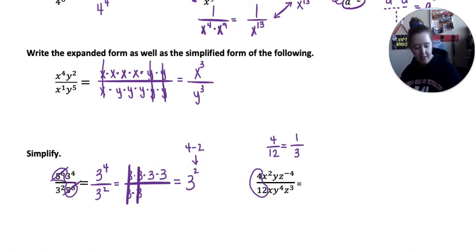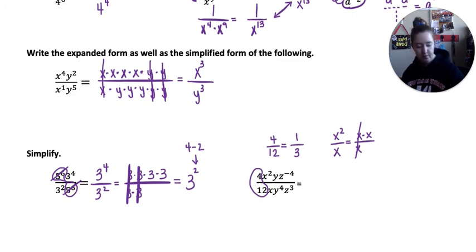Now we have x squared over x. So that means I have 2 x's up on top multiplied by itself, divided by an x. One of those cancels out, so we're just left with one plain old x. Now let's look at our y's.